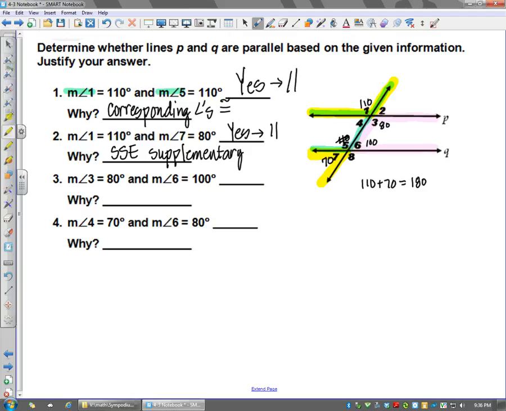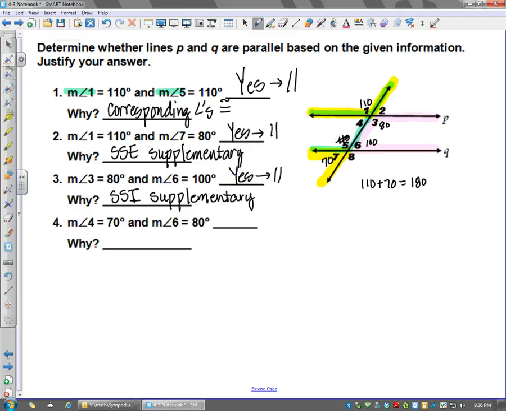They make the letter C, so these are same side interior angles, and they are supplementary because 100 plus 80 is 180. Yes, the lines are parallel.